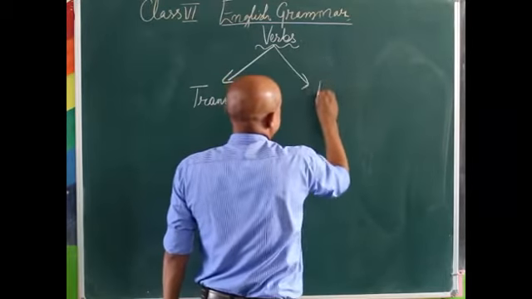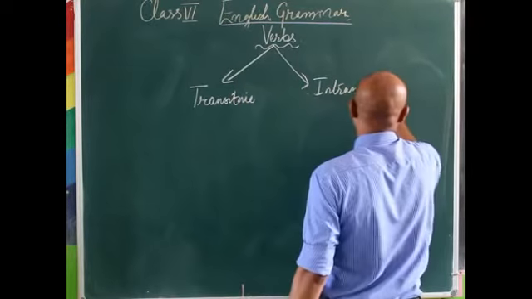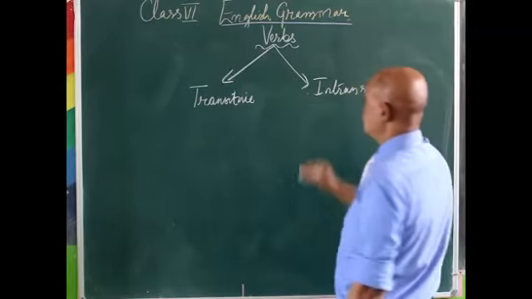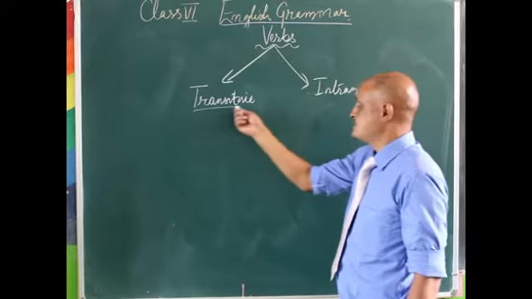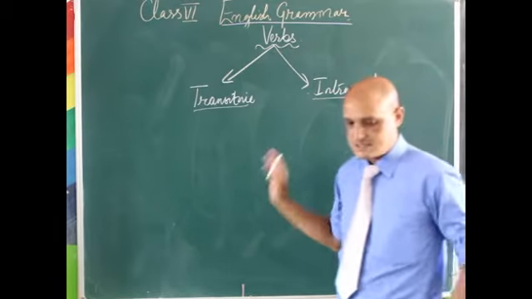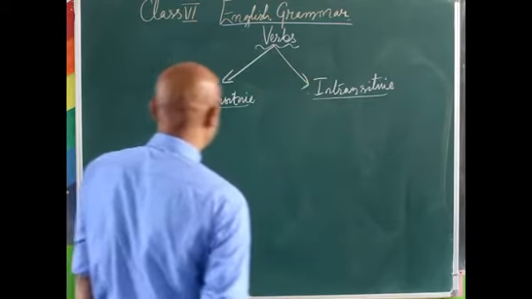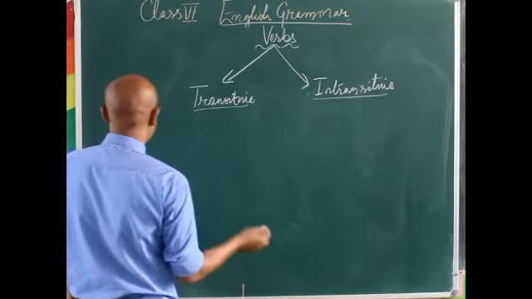Second one is intransitive. So there are two types of verbs, transitive and intransitive verbs. Now let us see some examples in order to understand transitive and intransitive.